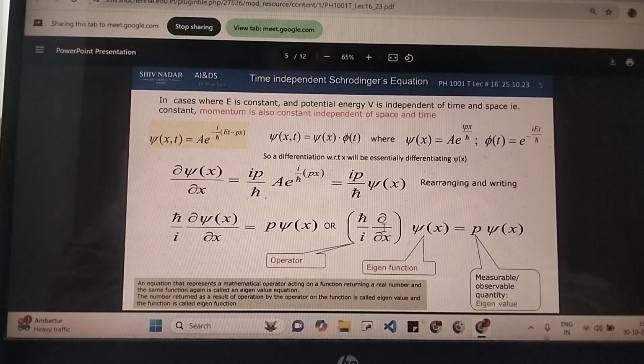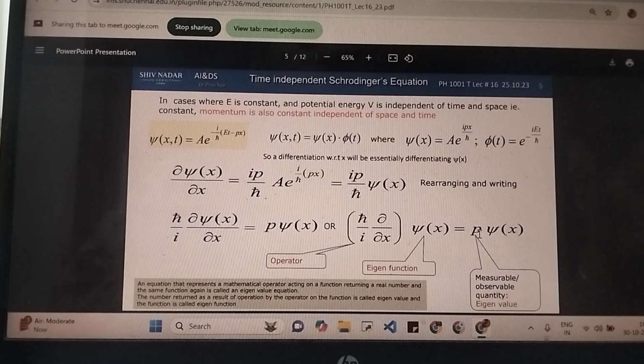So here my operation is you differentiate the function with respect to x and then multiply with h cross by i, and the function I am using is the wave function psi of x, where psi of x is A e raised to ipx by h cross, and the result I am getting is p times my same function. So p is my eigenvalue, where p is the momentum.